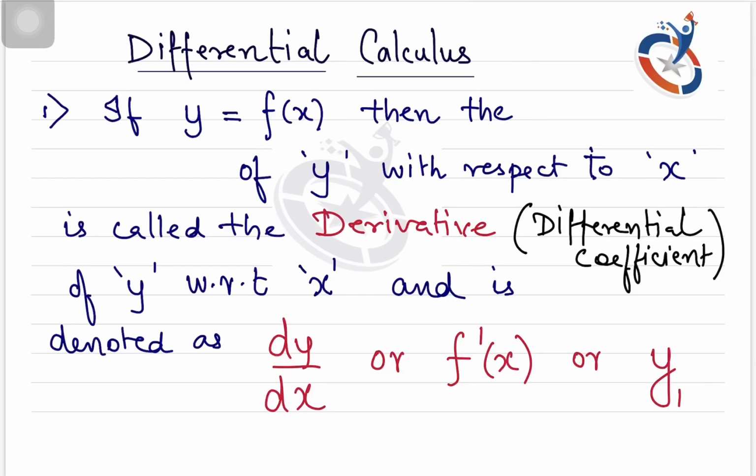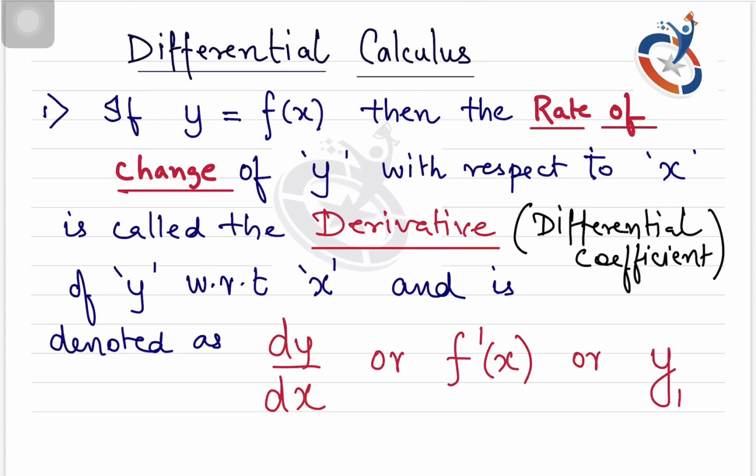So I repeat again, if y is a function of x, then the rate of change of y, that rate of change word is very important. It's very important for the other topics also. So rate of change of y with respect to x is called the derivative of y.